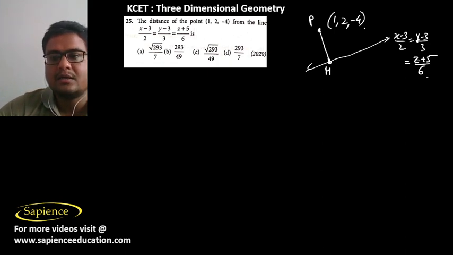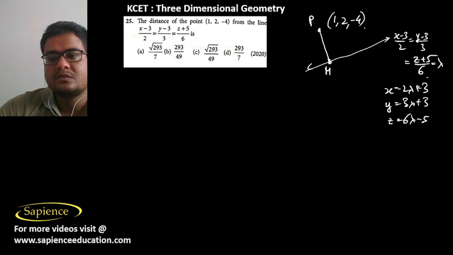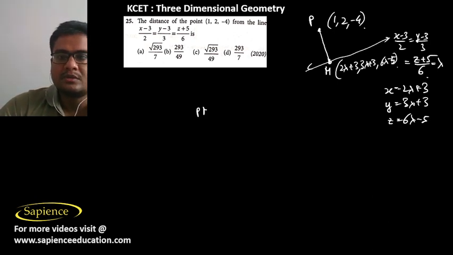Let's suppose we take this as lambda, then x will be equal to 2 lambda plus 3, y will be equal to 3 lambda plus 3, and z will be equal to 6 lambda minus 5. So any general point on the line can be taken as 2 lambda plus 3 comma 3 lambda plus 3 comma 6 lambda minus 5. Now PM vector is perpendicular to the line.